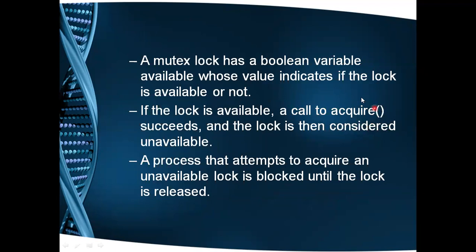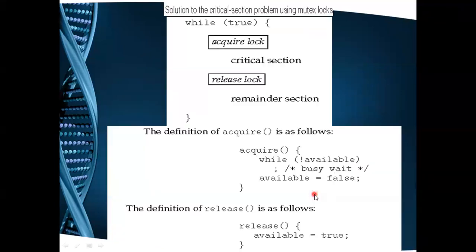After acquire, the available value is changed to false, so that no other process can enter the critical section. After completing the critical section, the process can call the release method. At that time, the available value again becomes true.